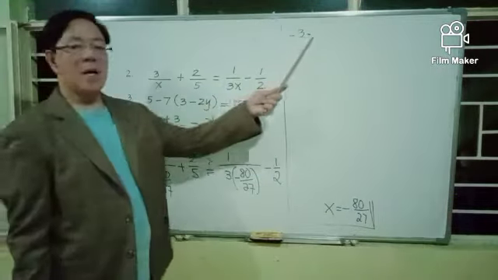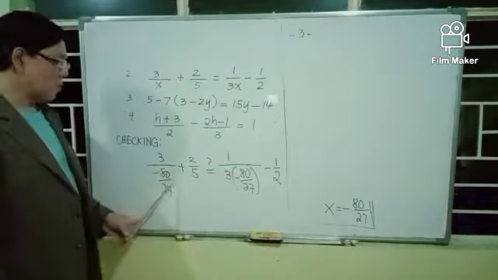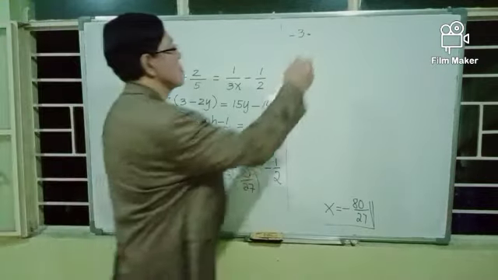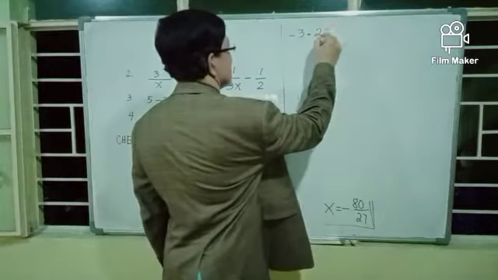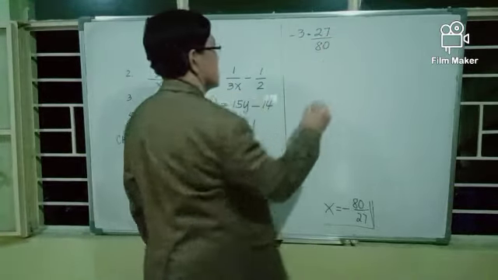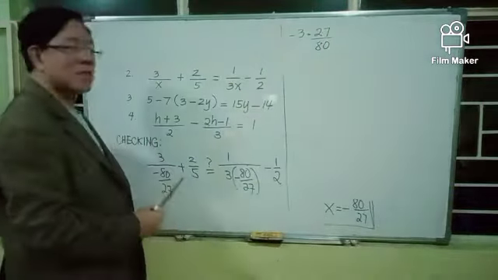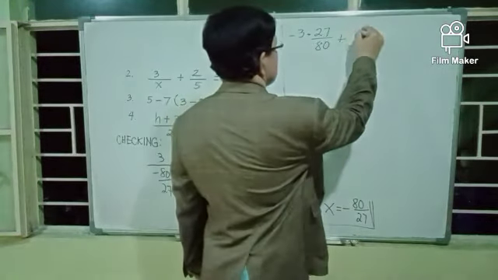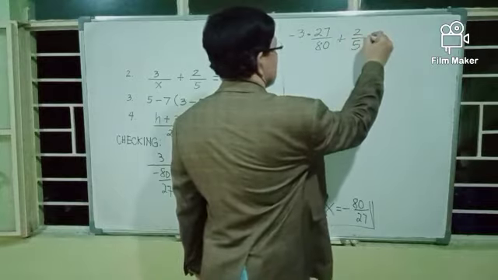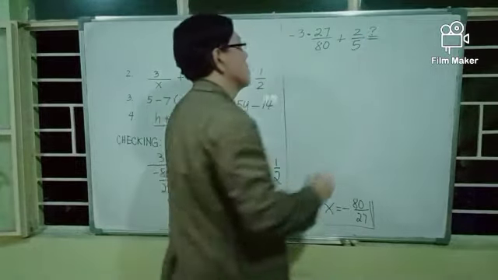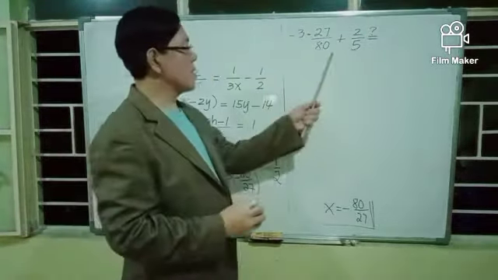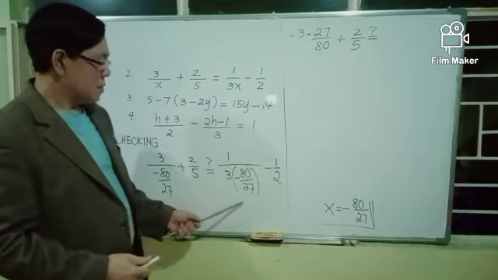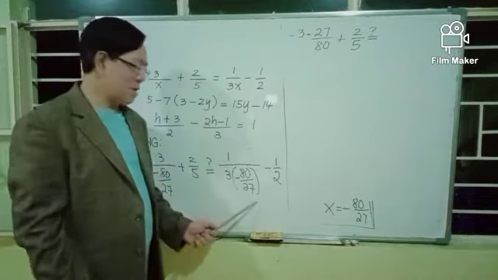Three multiplied by the reciprocal of 80 over 27, which is 27 over 80, plus 2 over 5. And we want to check if this sum is equal to the difference at the right-hand side.